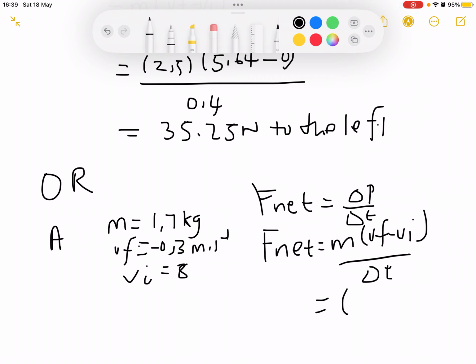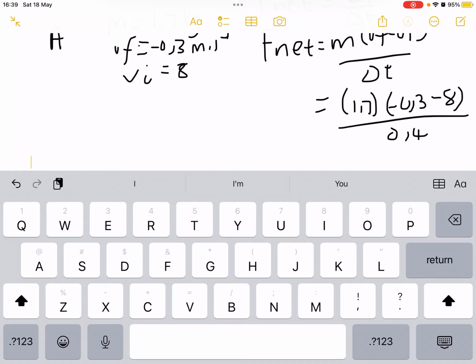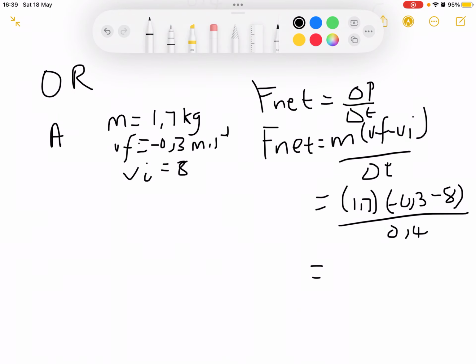Now substituting, we get 1.7 multiplied by (negative 0.3 minus 8) all over 0.4. And the answer we get here is slightly different, which is equal to 35.28 newtons. To which direction? It's a negative, and then we change that to 35.28 newtons to the left.